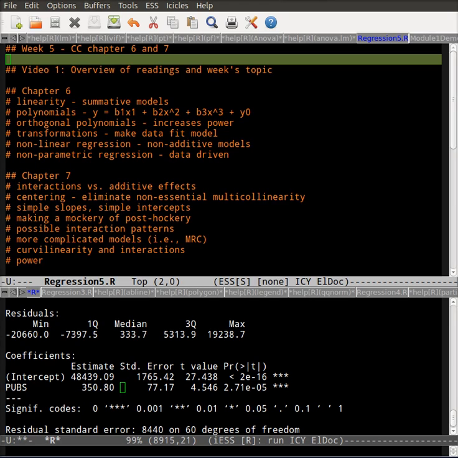And that is the idea that first, linearity does not necessarily mean that the relationship that we're trying to estimate is a straight line, or rectilinear, but that linearity means that there is an additive function.